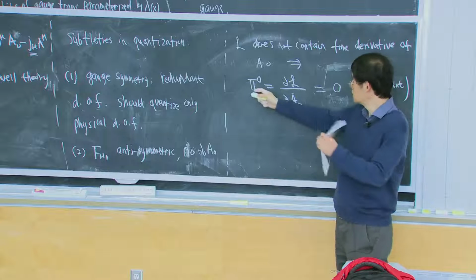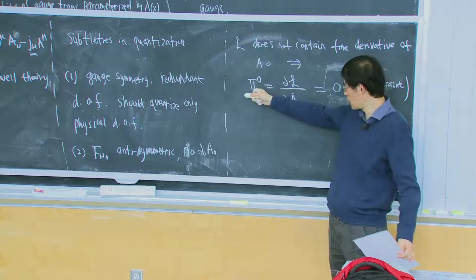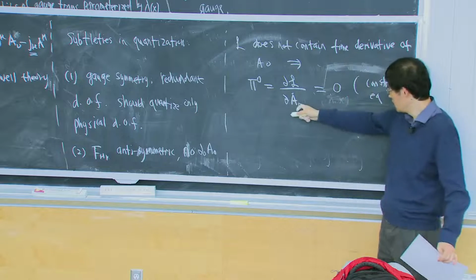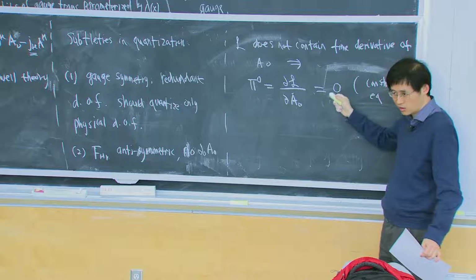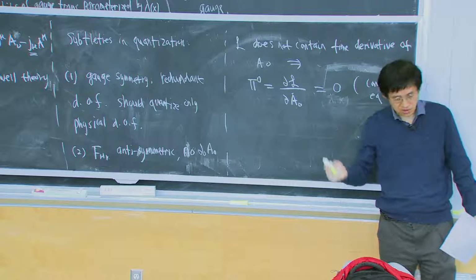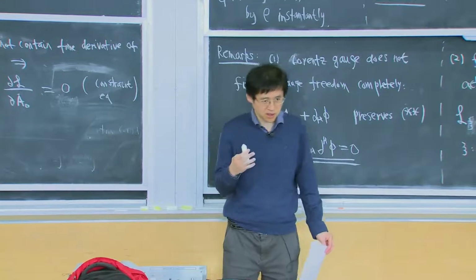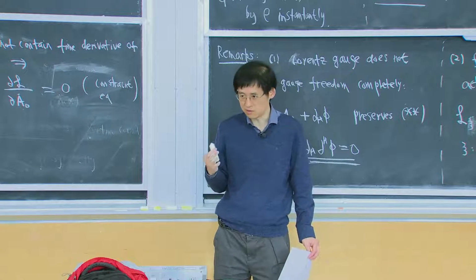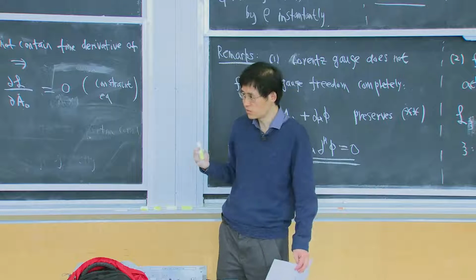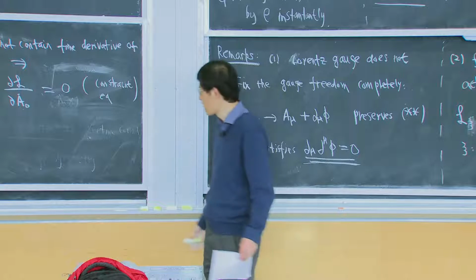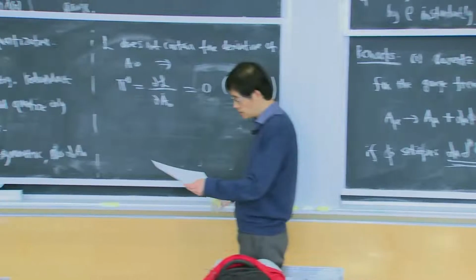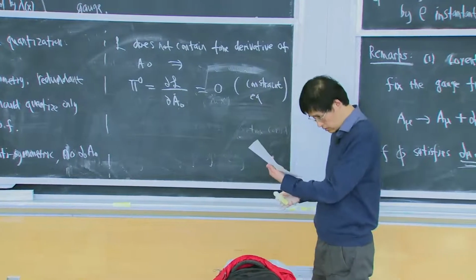This does not express a canonical momentum in terms of A_0 dot, or the time derivative of anything. So this is a constrained equation. And again, if you want to treat it properly, we have to use constrained quantization. And so this leads to subtleties.